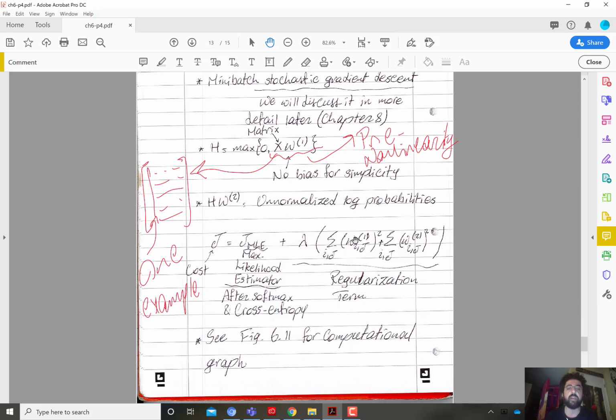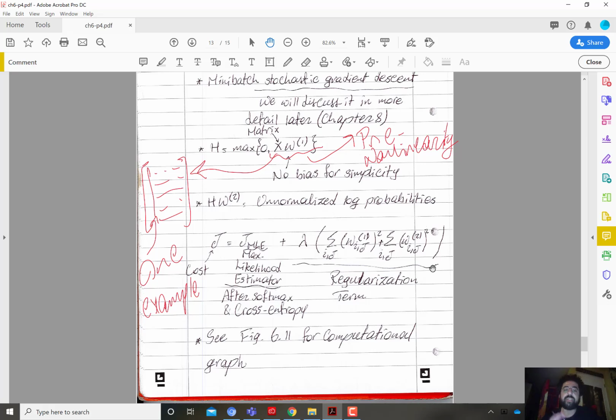It's a penalty on the sum of the squares of all the weight parameters. We'll discuss L2 regularization in more detail in the next section, but the main intuition is that it biases the solution towards solutions with smaller weights, smaller in magnitude. That's why we have the square.